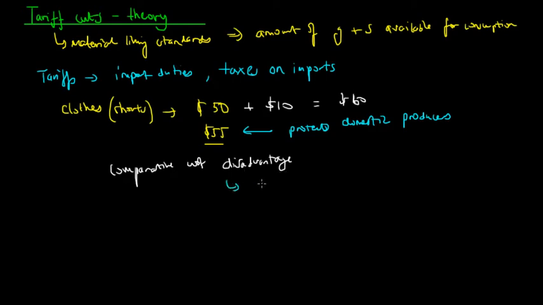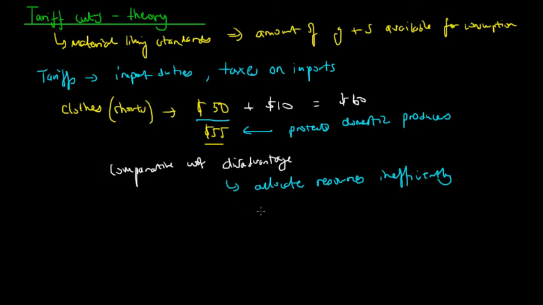So these industries allocate resources inefficiently. And even though we are buying from them, they are still disadvantaged compared to overseas producers who can produce at only $50 per pair of shorts.